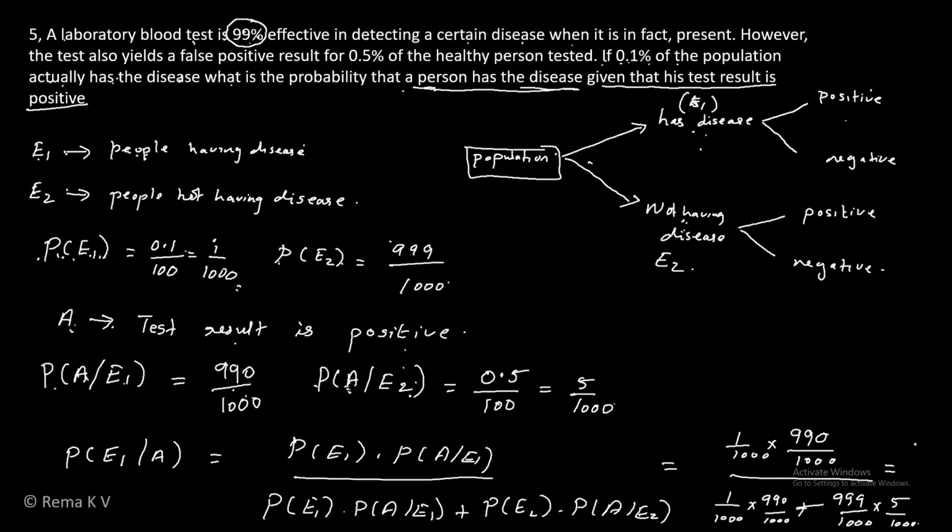You can write this as, denominators are same, so you can cancel them. It will become 990 divided by 990 plus 5 into 999, so you'll get it as 5985, right?